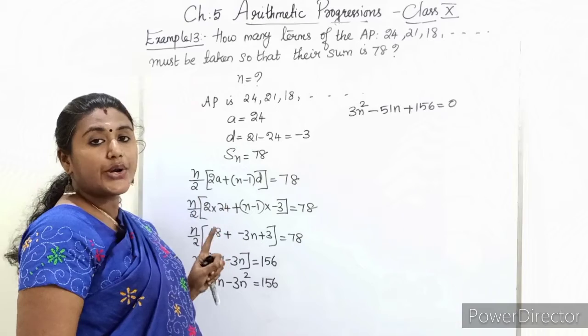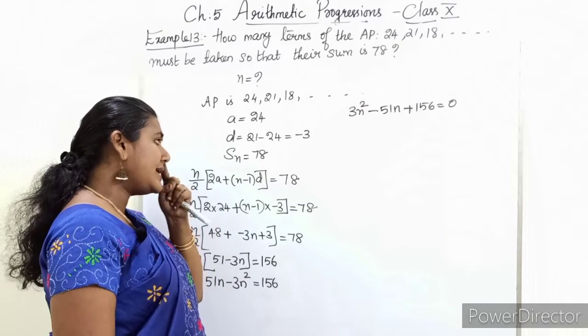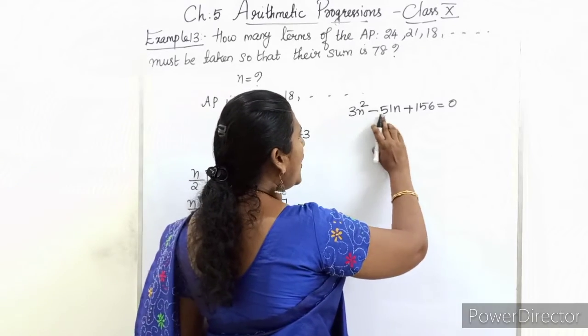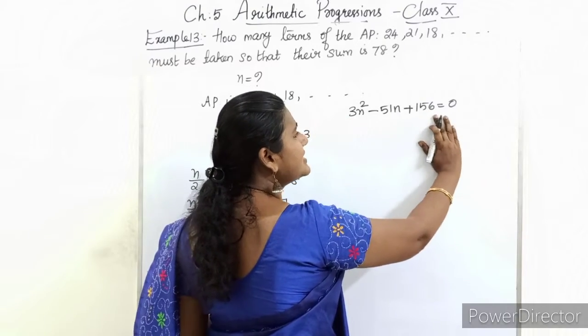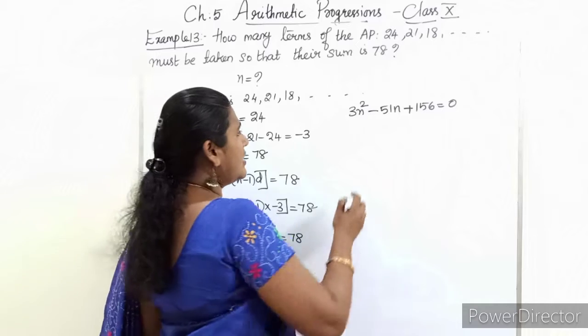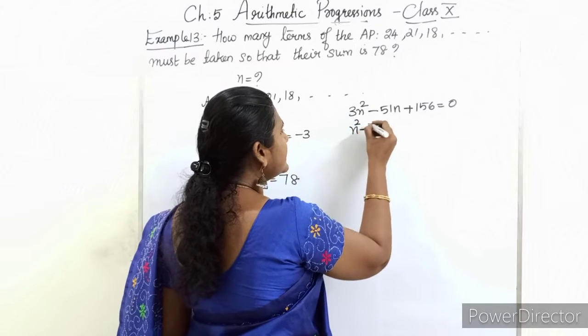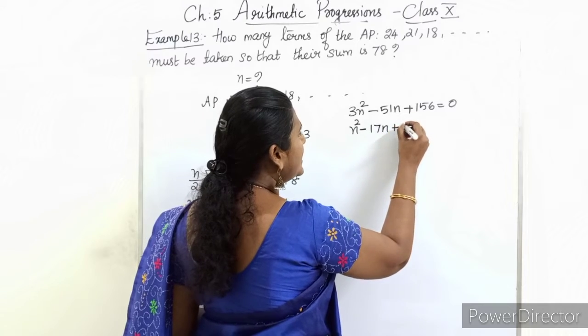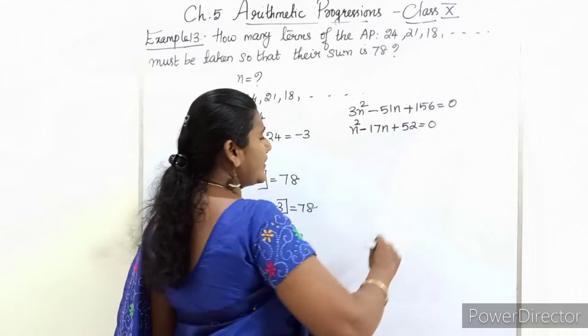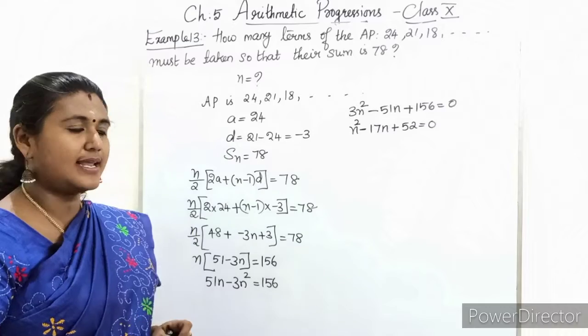So we got a quadratic equation now, and again we can simplify this because all the numbers are multiples of 3. So we can divide this equation by 3. So n square minus 17n plus 52 is equal to 0.